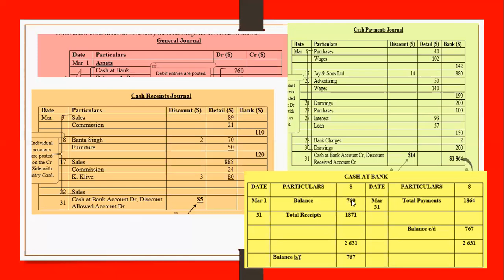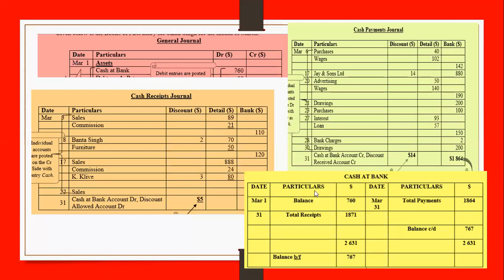Is that clear? On the date column, I'm using March 1st because that is the same March 1st from your general journal.